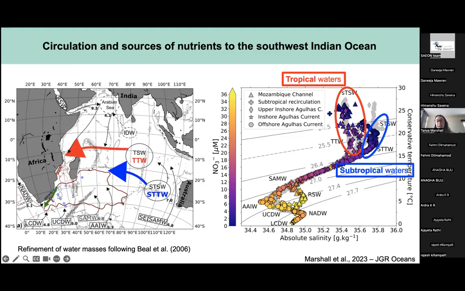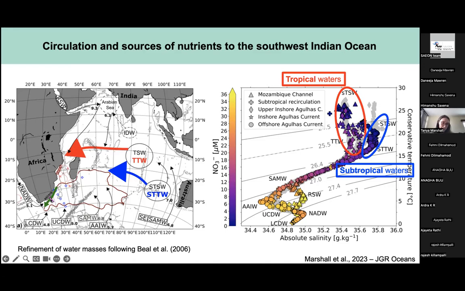That's because tropical waters are really different, both hydrographically and biogeochemically, to subtropical waters. Tropical waters are fresher, warmer, and have higher nitrate concentrations relative to subtropical waters. On the map, you can see how the tropical waters, in red, are advected into the system, and how the subtropical waters are advected into the system.